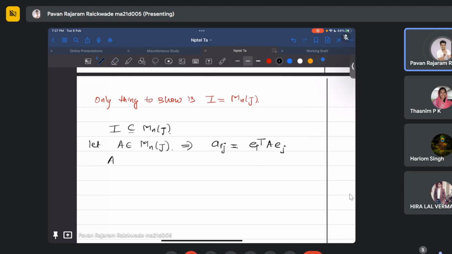Then you can simply verify that A is the summation of E_ij times the summation. So here also you have an ij matrix. For each entry you have another matrix, right? So A_ij is some E_i transpose A_ij of E_j. So I can do this.